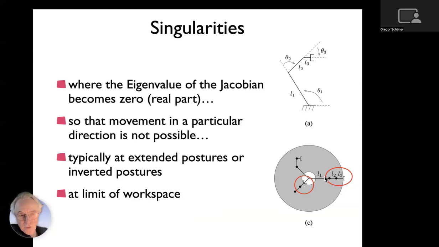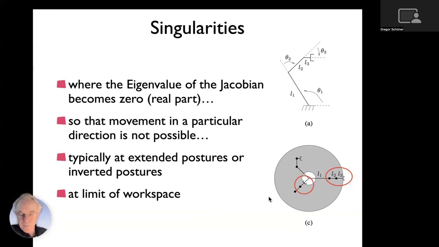So for instance, if it's fully extended, you can see that there's a singularity in that if you give a change in the position of the hand along the radial direction, wanting to extend it further, that's not going to be possible. Just before reaching that, a very small change in end effector velocity will require a lot of change in joint velocity, until there is no longer a joint velocity that actually brings it about. And similar here for this inverted posture.